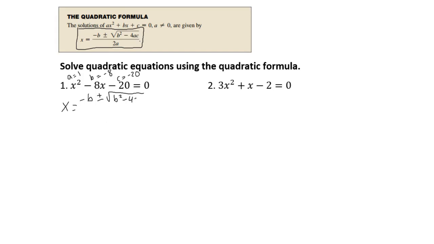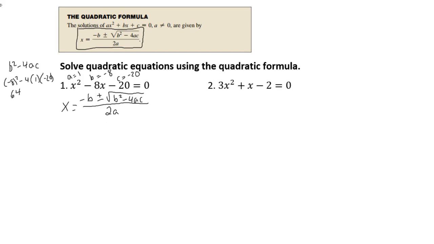There's your discriminant right there, and all over 2 times a. I like to do my discriminant on the side, just because that's the most complicated part of the formula, and that way I have to write it less.